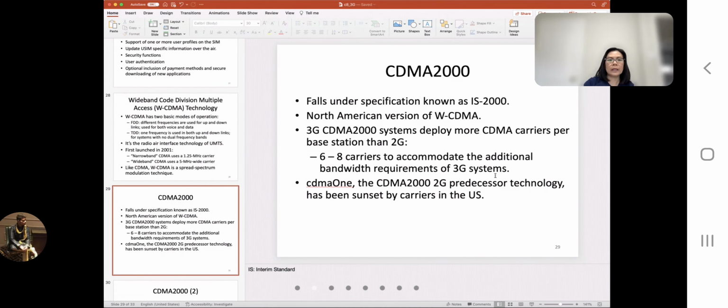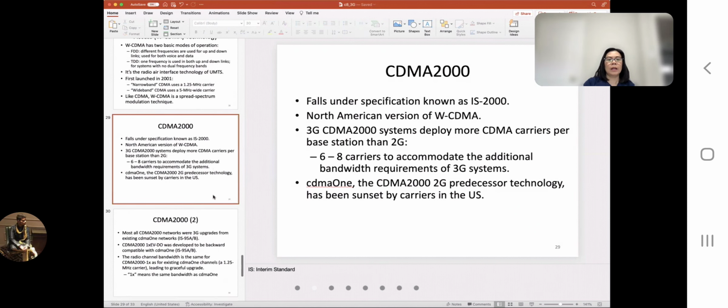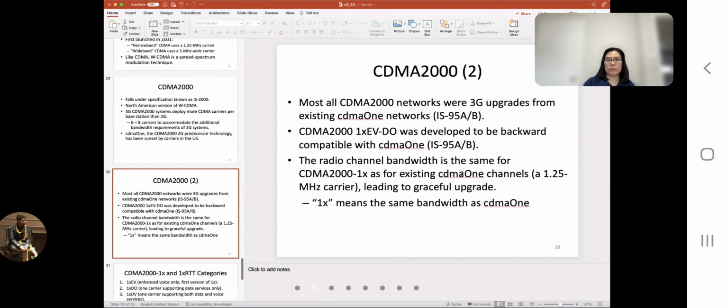Okay. And just as a reminder, CDMA1 is the previous technology used in 2G networks, and it has been sunset, that means removed by carriers in the US, right?